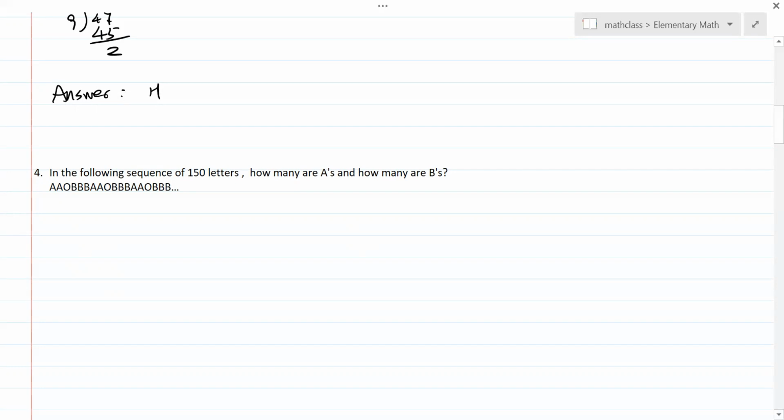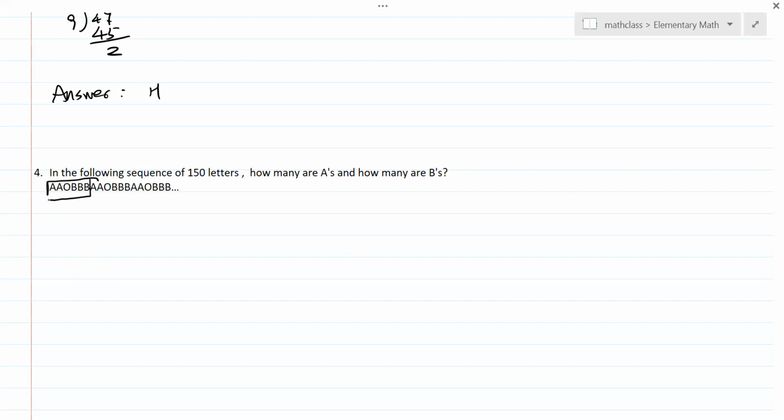One block contains 6 letters: A, A, O, O, B, B, B, B. How do you figure out the number of letter A's and the number of letter B's?